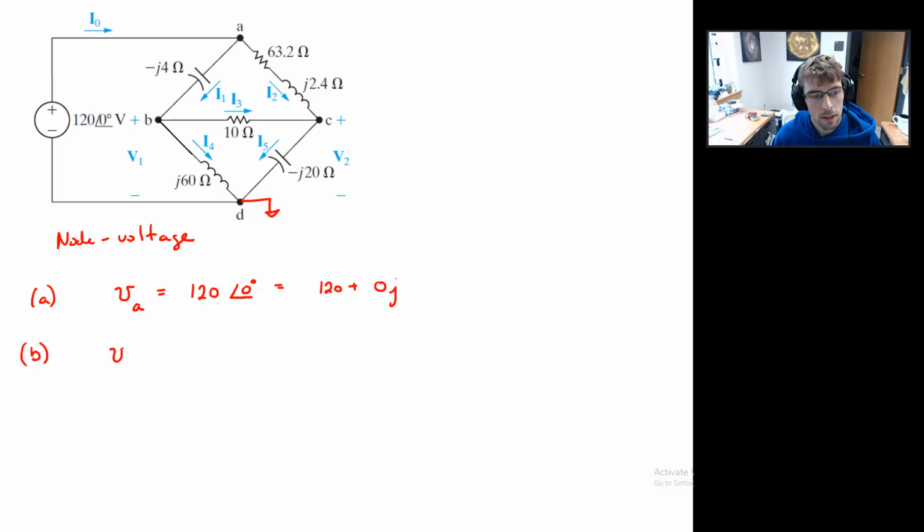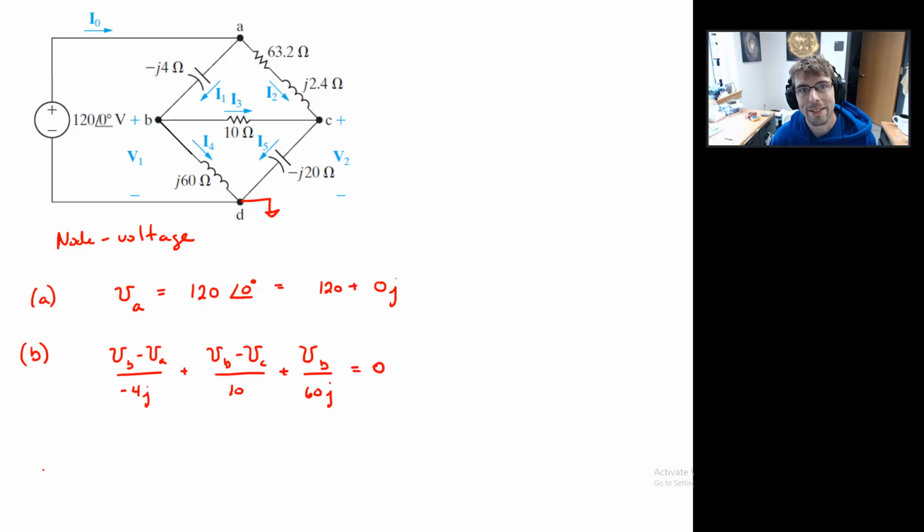You have VB minus VA over this negative 4j, plus VB minus VC over this 10, plus VB divided by our 60j. And that whole rigmarole equals 0.